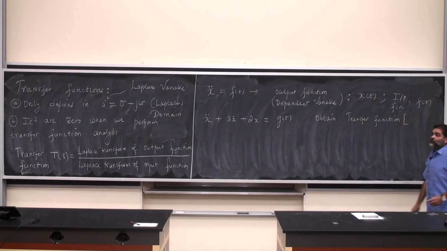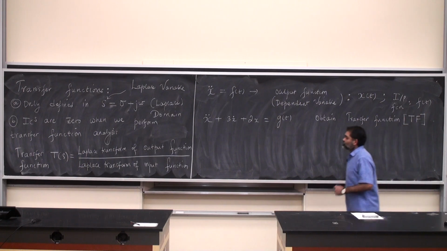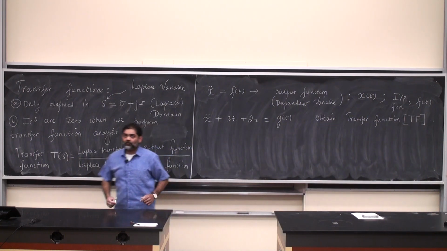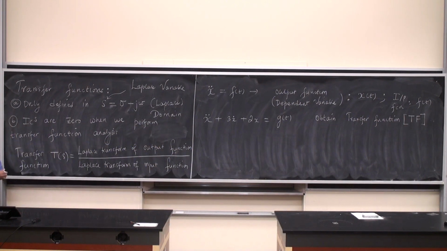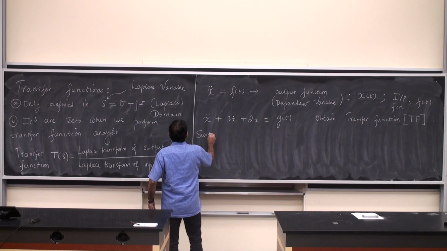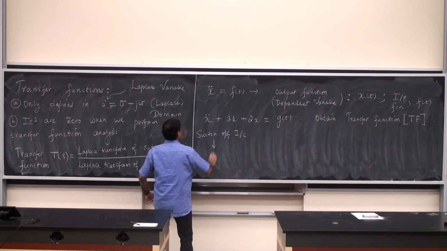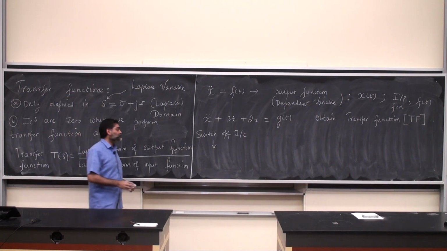From now on, my shortcut notation for this is TF. How you do this is by taking Laplace transform on both sides and switching off initial conditions. So switch off initial conditions. Then take Laplace transform on both sides.